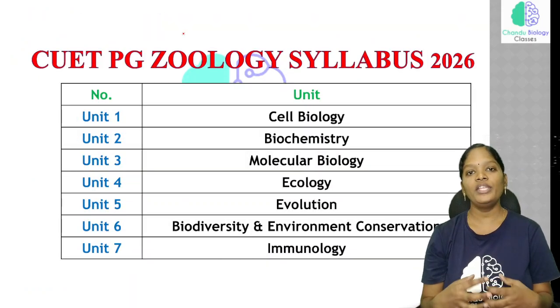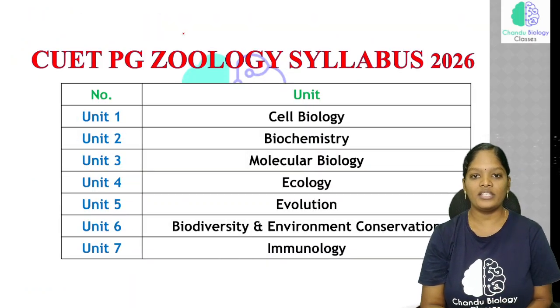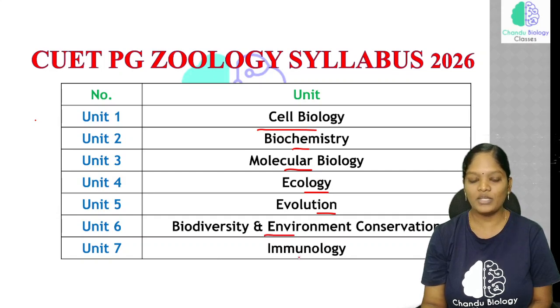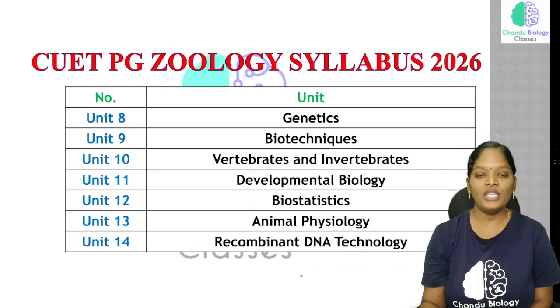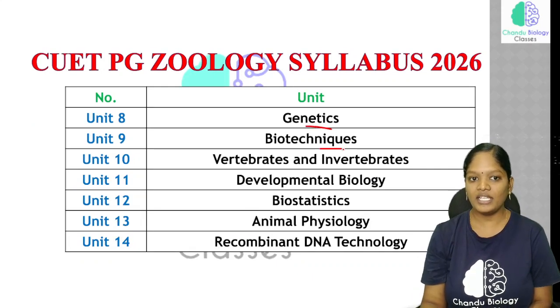Now, what are the units coming under zoology? On the official website, they just give the title of each unit. For example, unit 1 cell biology, unit 2 biochemistry, unit 3 molecular biology, unit 4 ecology, unit 5 evolution, unit 6 biodiversity and environment conservation, unit 7 immunology, unit 8 genetics, unit 9 biotechnics, unit 10 vertebrates and invertebrates, unit 11 developmental biology, unit 12 biostatistics, unit 13 animal physiology, unit 14 recombinant DNA technology.